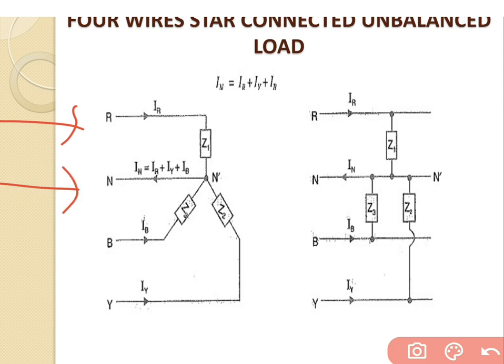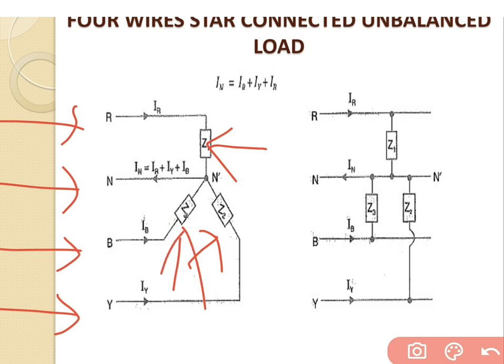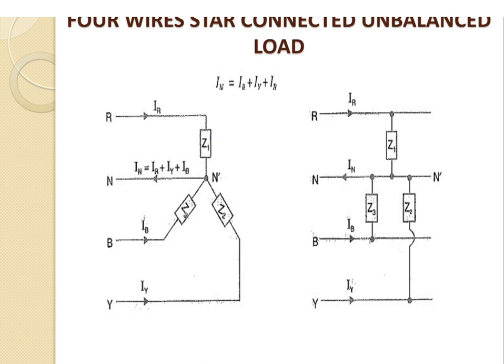The current flowing from the B side is IB, and the current flowing from the Y section is IY. For the individual phases there are 3 loads: first Z1, which is connected with R, second Z2, which is connected with Y, and third Z3, which is connected with B. In this way there are 3 loads connected with the 3-phase 4 wire system.